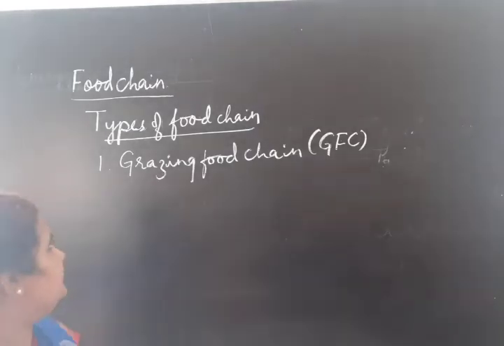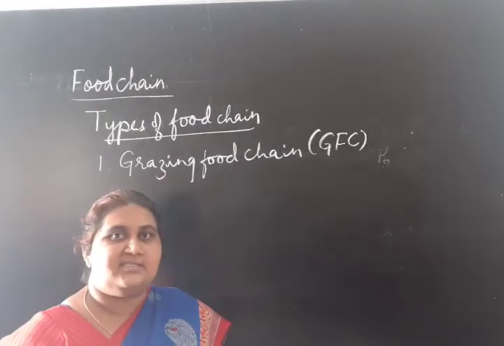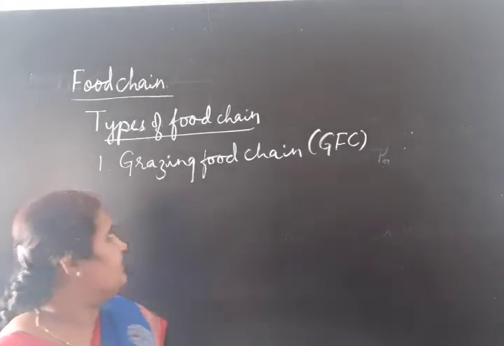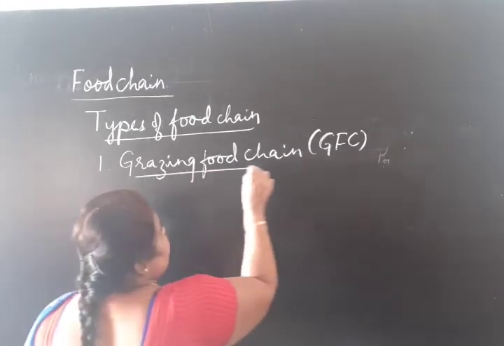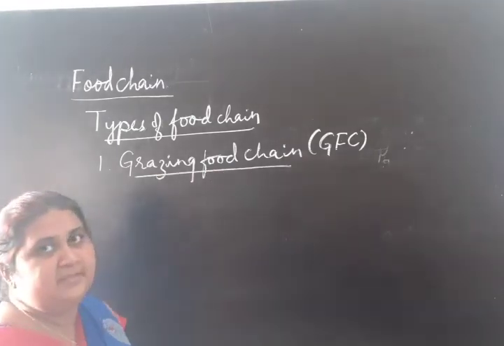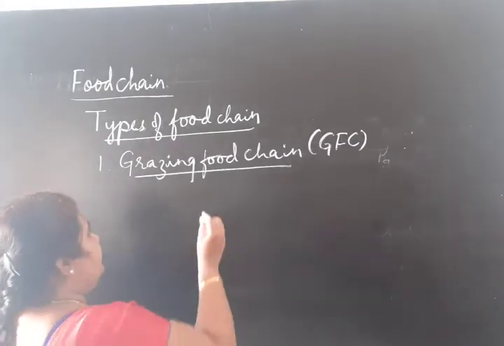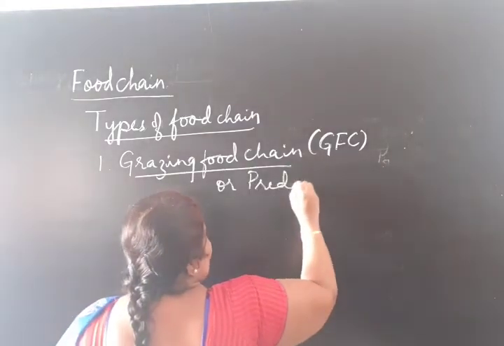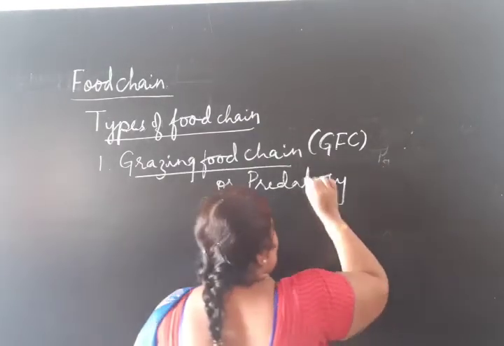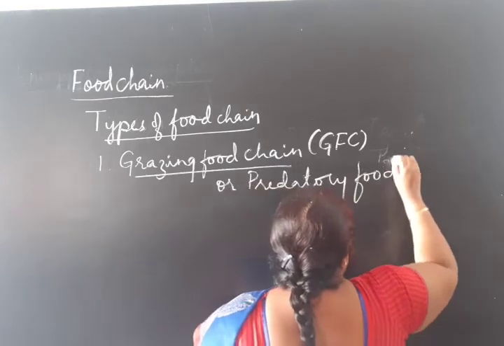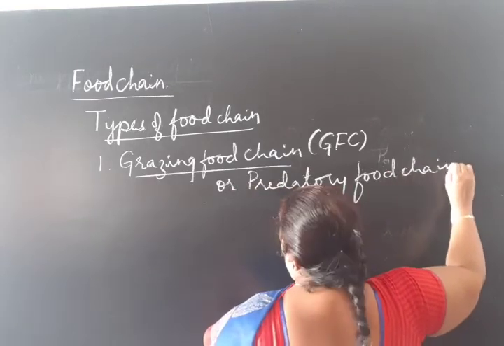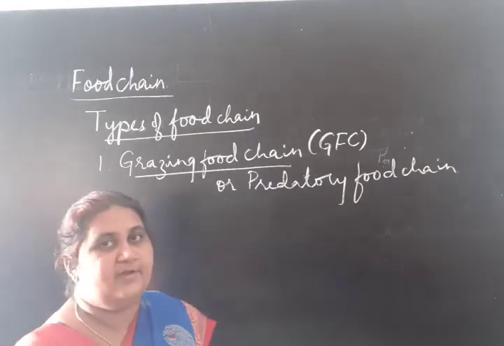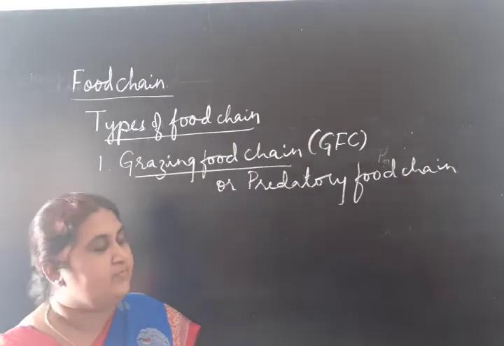The first type of food chain is the grazing food chain, in short called GFC. As the name tells, the grazing food chain is also called the predatory food chain. What are the characteristic features of the grazing food chain?